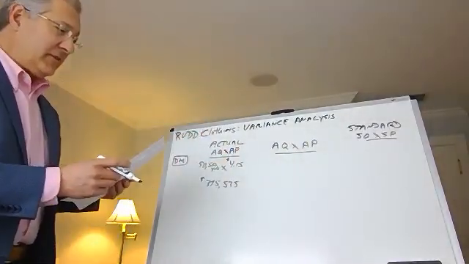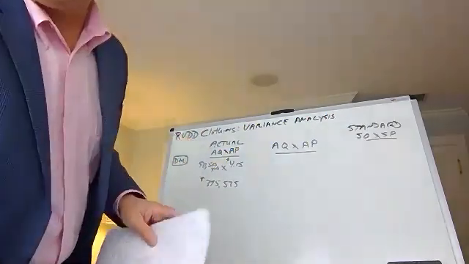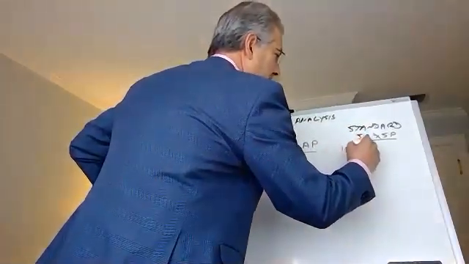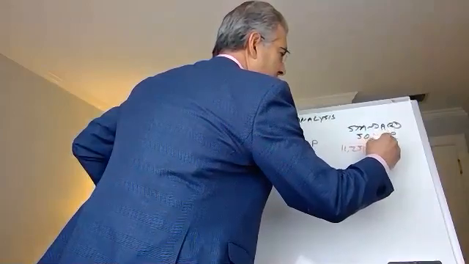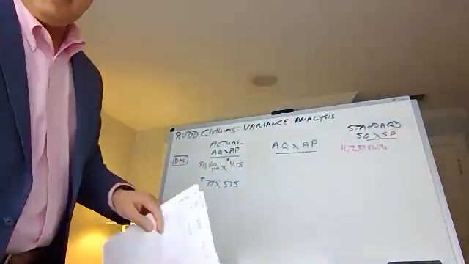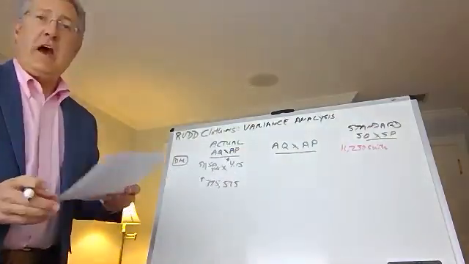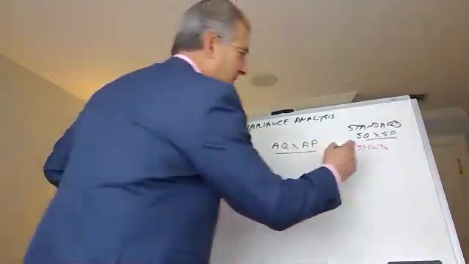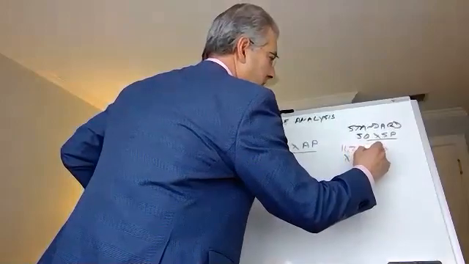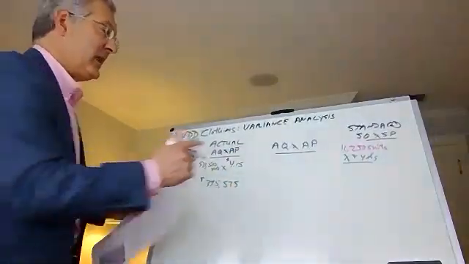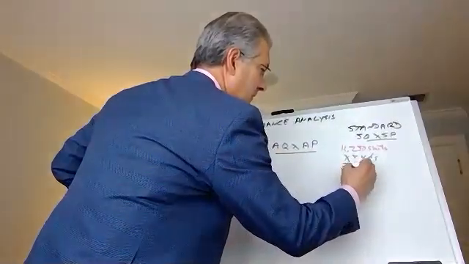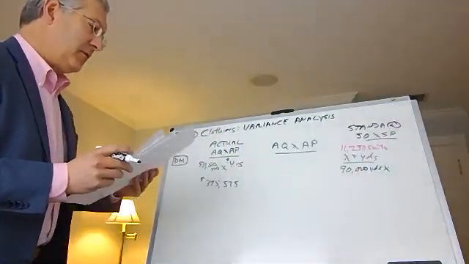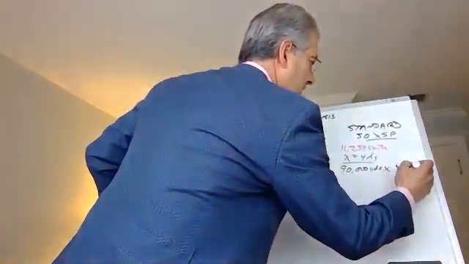Let's go over to the standard side, and remember the actual output, which is an important number here, was 11,250 suits. So you ask yourself, how much material should they have used? Go to the standard cost card. They said they should have used 8 yards per suit. They should have used a total of 90,000 yards, and they should have paid $4.40 per yard.